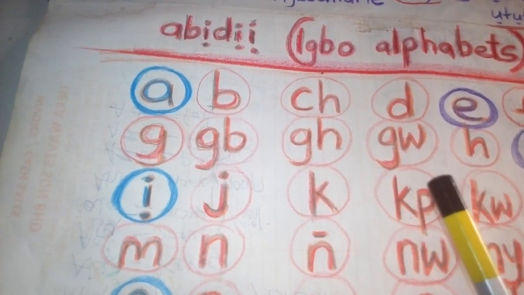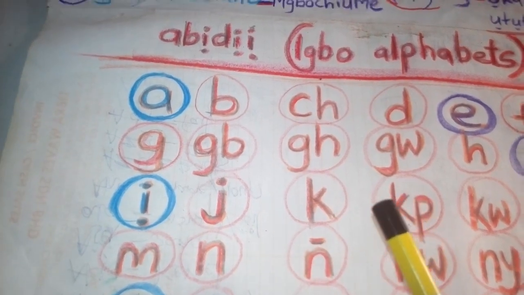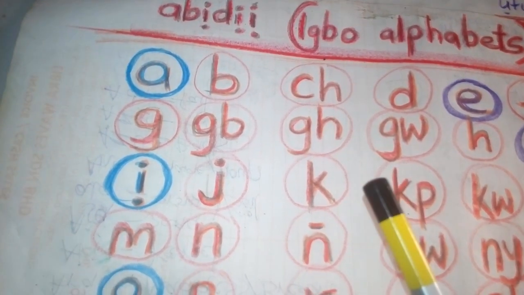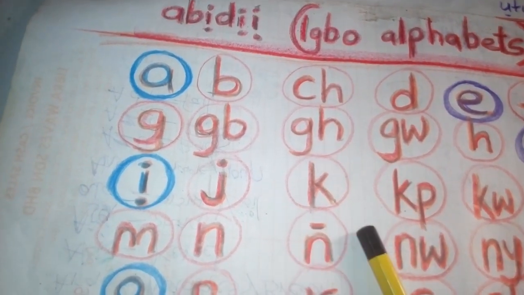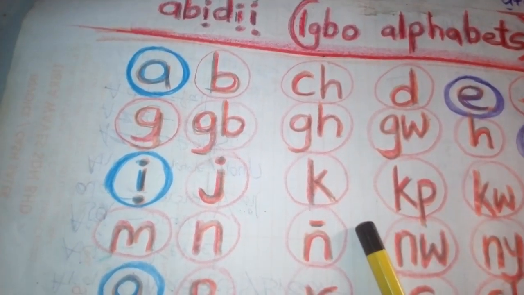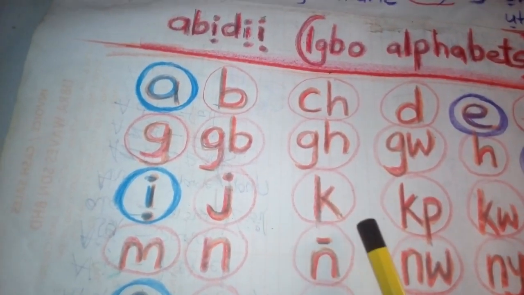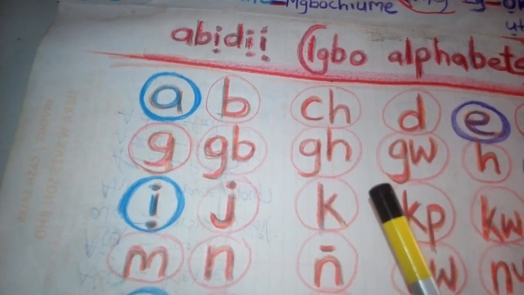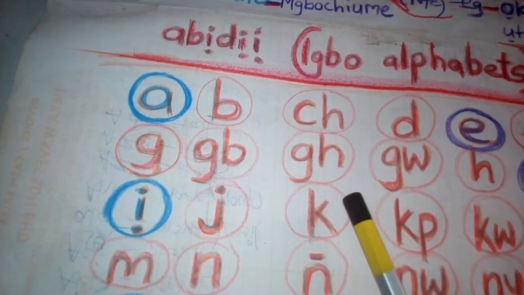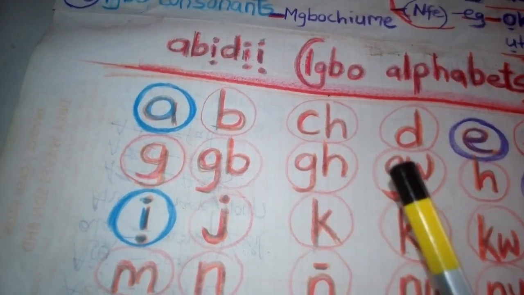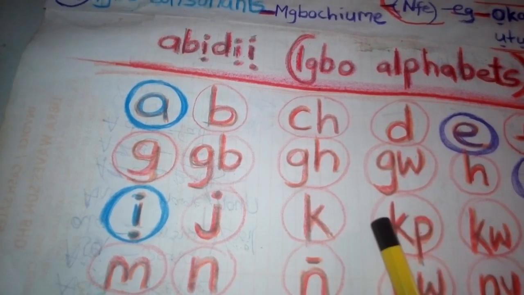Let's take a look at the English alphabet so we can compare. The English alphabet has 26 letters.